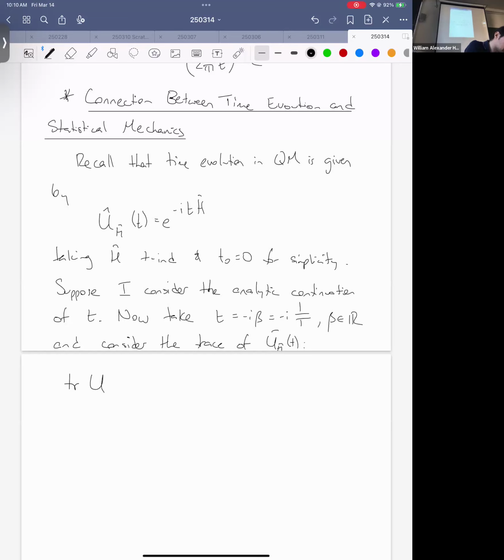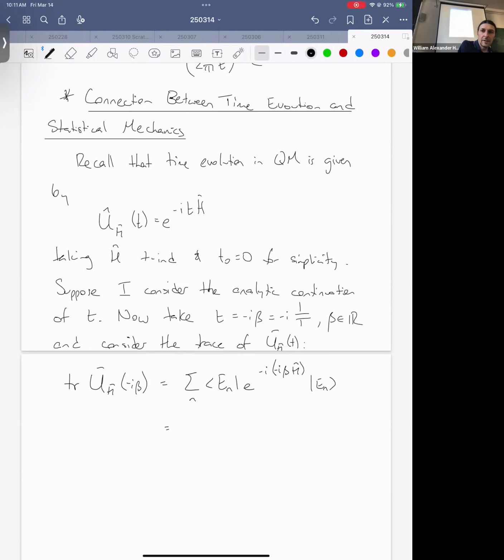We'll have the trace of U_H of i beta, which is the sum over, for example, energy eigenstates, e to the minus i beta Hamiltonian, E_n, sorry, minus i.